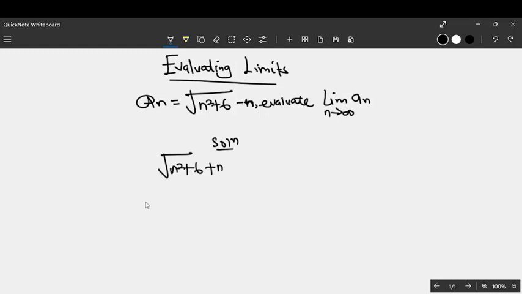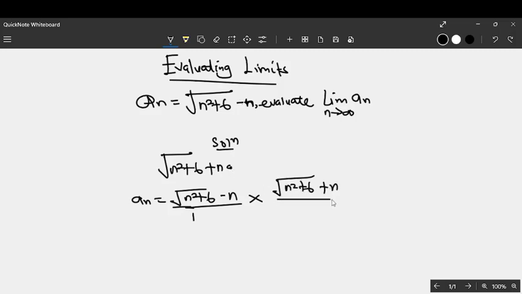So a_n can be written as the square root of n squared plus 6 minus n over 1. Here we multiply the numerator by this conjugate, which is the square root of n squared plus 6 plus n, and we multiply the denominator too by the square root of n squared plus 6 plus n.